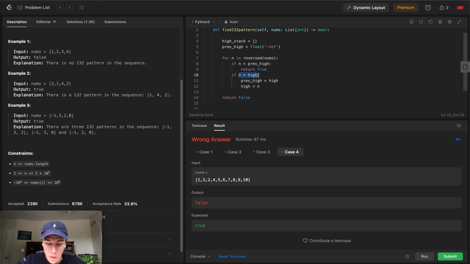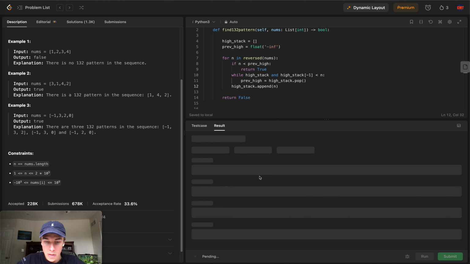Let's say while high stack and high stack[-1] is less than n, we're simply going to say previous high is equal to high stack pop, and append n.